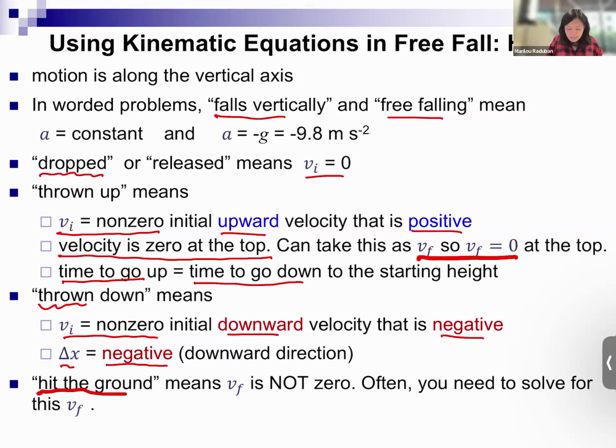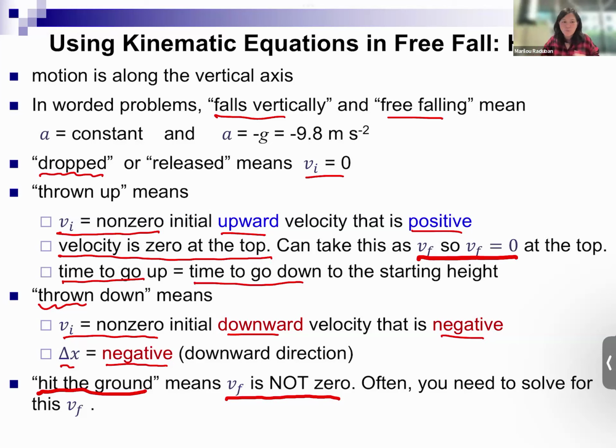When the object hits the ground, this is a common misconception I see all the time. When the object hits the ground, it doesn't mean that the final velocity is zero. If I drop something from a height, it doesn't really stop.